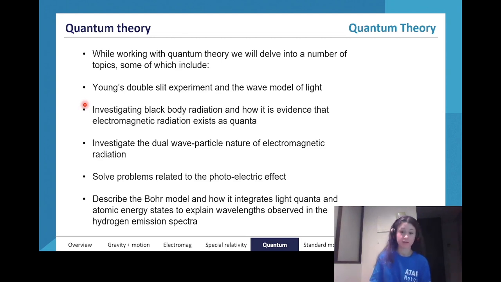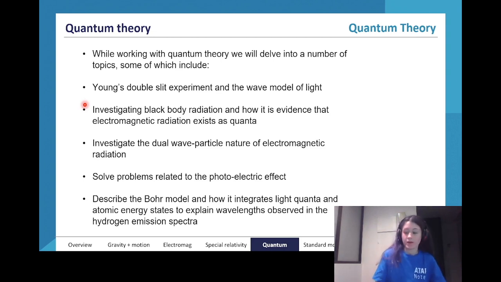So Einstein basically came up with this theory, which describes light as being both a wave and a particle.